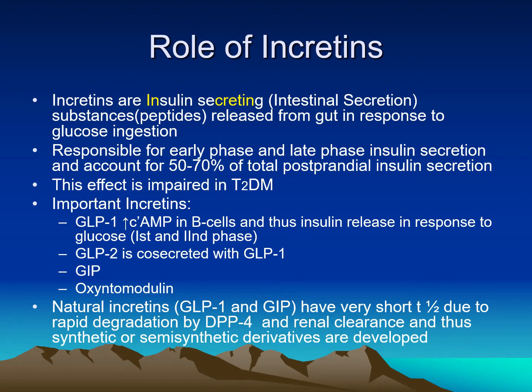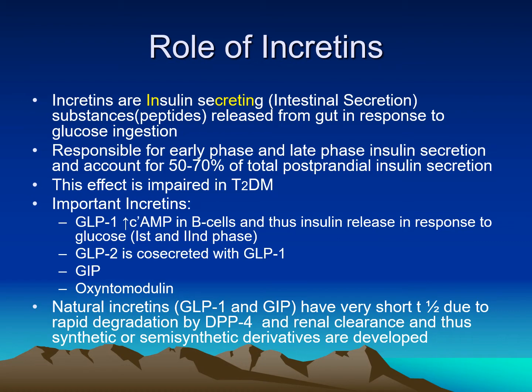They are responsible for early and late phase of insulin secretion, and most importantly they account for 50% to 70% of the total postprandial insulin secretion. Therefore, their role is tremendous in the physiology of glucose homeostasis. Incretin effect is impaired in type 2 diabetes mellitus.